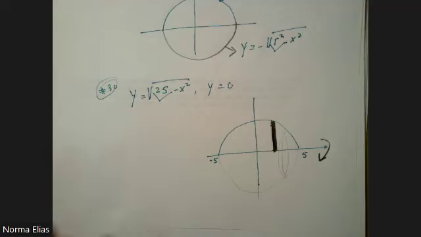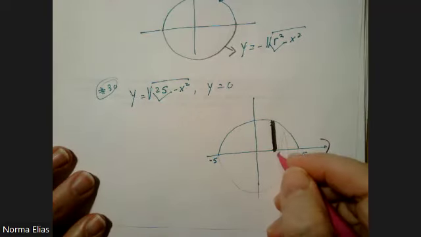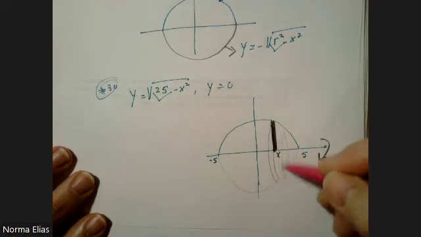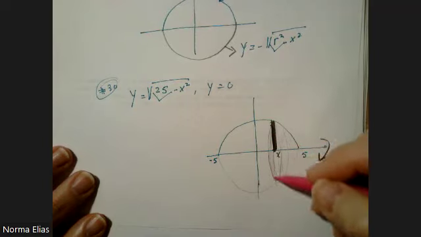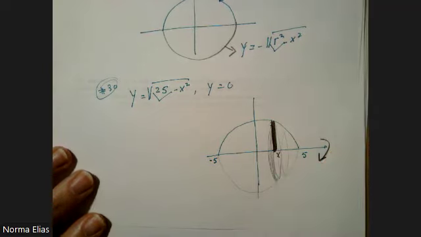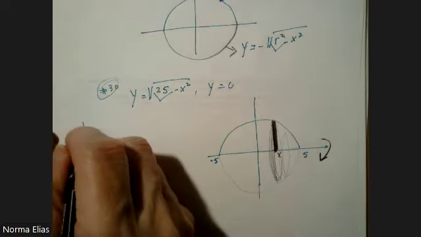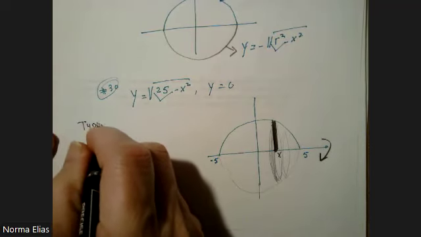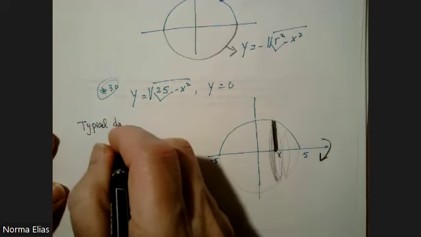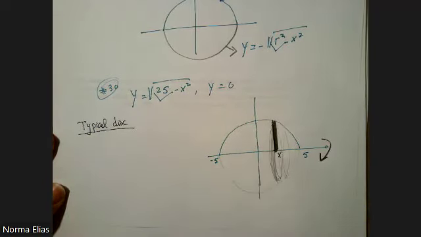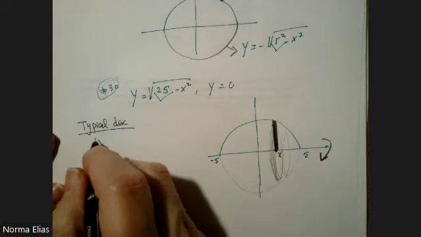So this is my typical rectangle. This is my x here. I rotate it. I'm getting my little disk. Okay, and the question is, as I did before, typical disk, let us see all its dimensions. Basically adding the volume of those little cylinders.